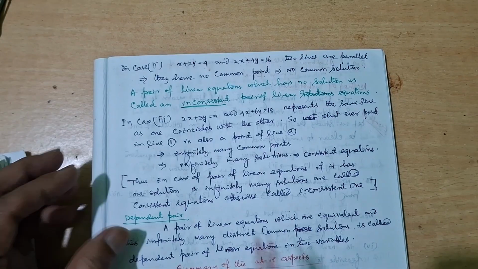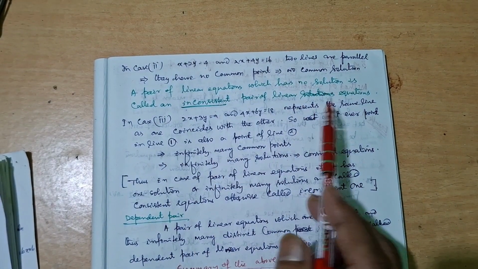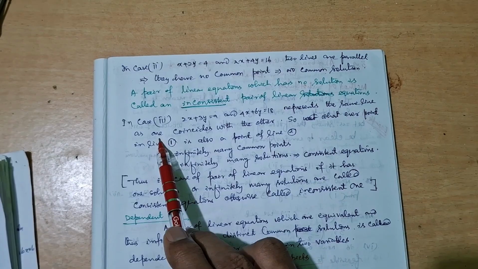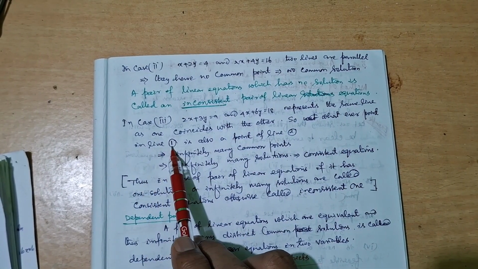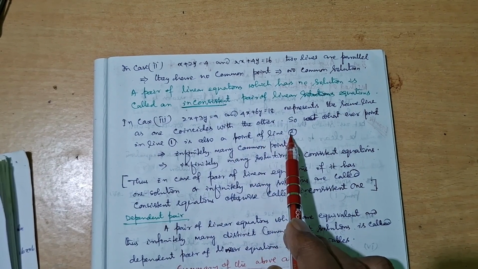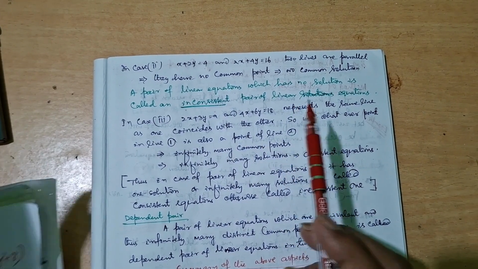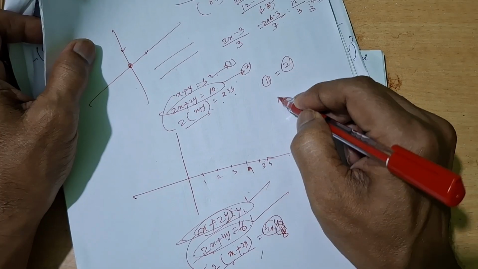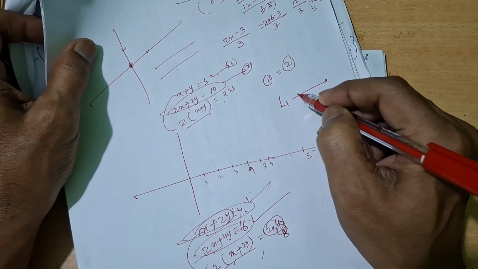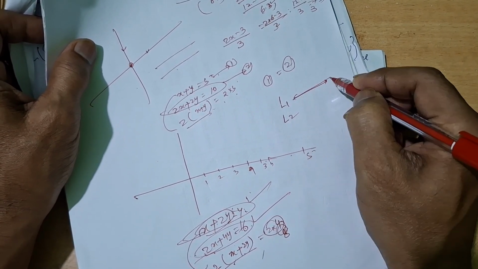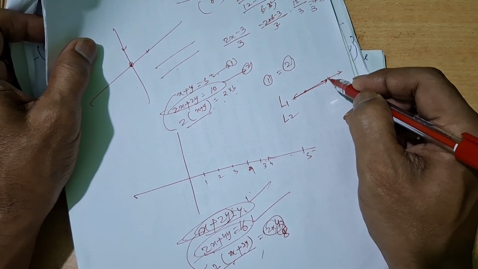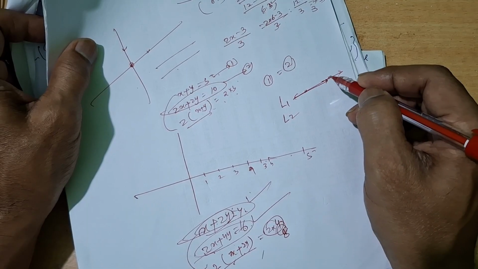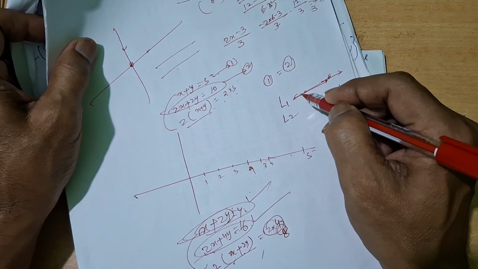In case 3, the equations represent the same line and one coincides with the other. So whatever point is on line 1 is also a point of line 2, and any point on line 2 must be a point on line 1.